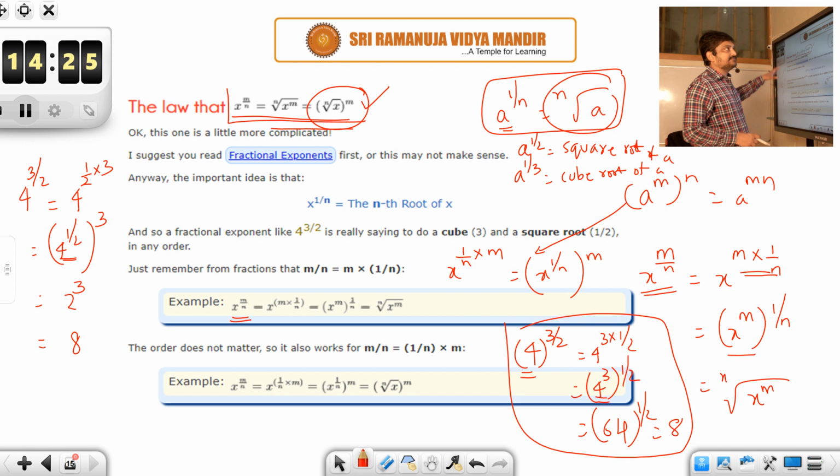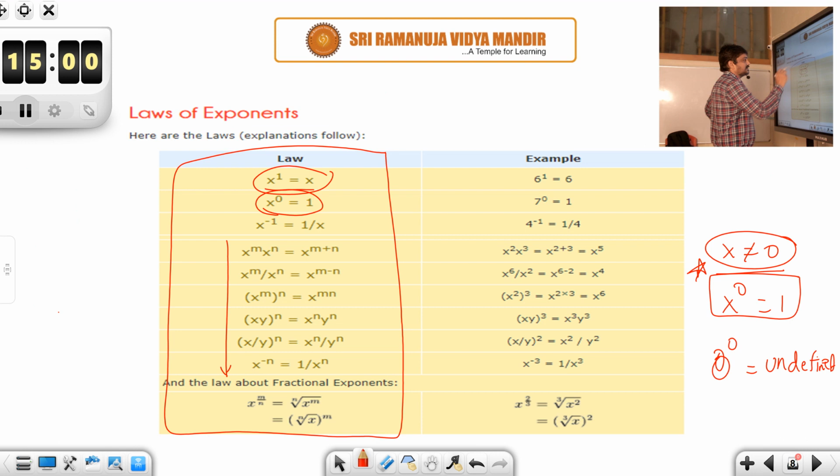Okay, so the first one is, these are the laws, and this is the essence of this entire chapter. If you are good with this, then you are done. X power 1 is equal to x, okay, and then x power 0 is 1, x power minus 1, the negative exponents mean you will simply take the reciprocal, flip the sign and take the reciprocal.